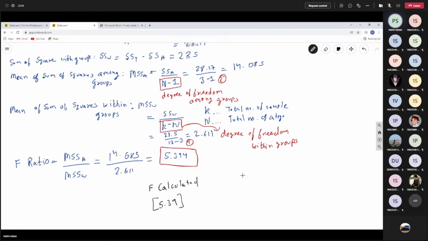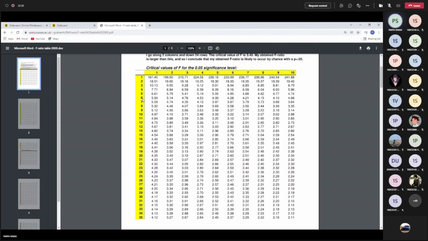Now the F table: where will the F table value come from? F of 2,9, which I just explained to you. One is degree of freedom among groups, one is degree of freedom within groups. That is 2,9. Now in the table we'll look for 2,9.